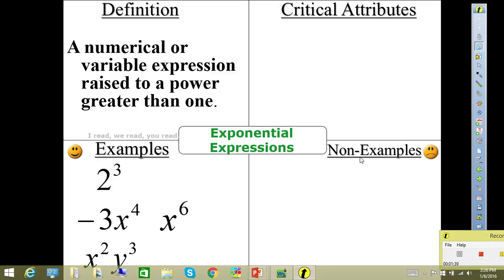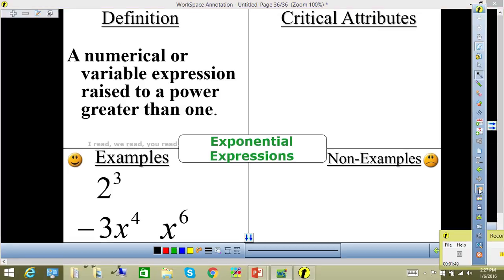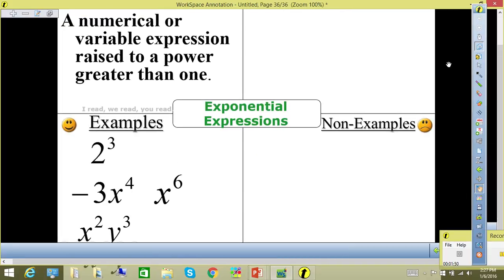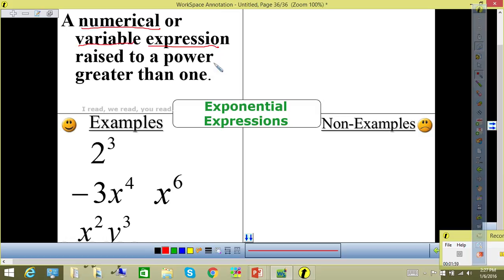All right. So, let me go over this. According to the definition, check this out. Look up to the screen. It says, a numerical or variable expression.